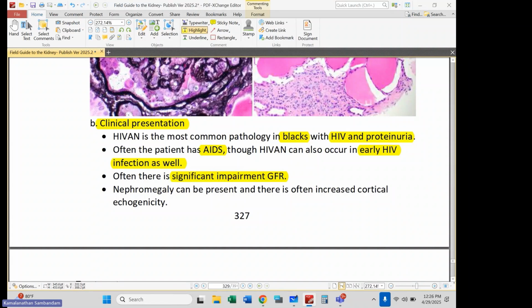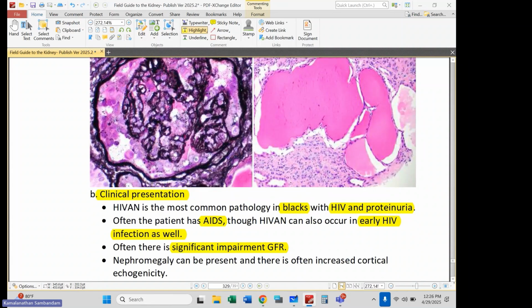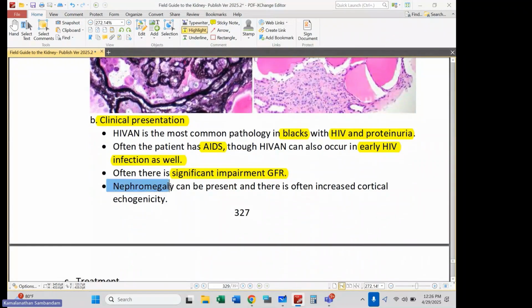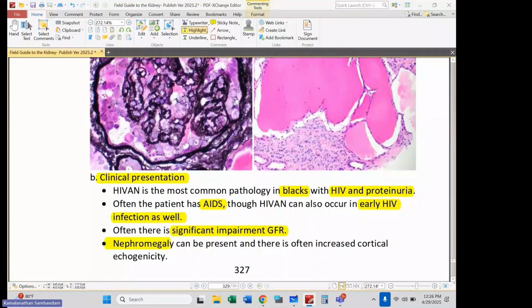Often there's a significant impairment in GFR, and you can imagine that given the histologic features that I've highlighted, both tubular interstitial and glomerular. There's often a degree of nephromegaly, so diabetes, amyloidosis, and HIVAN are some of the most common things that we think about when we see a patient with nephromegaly.